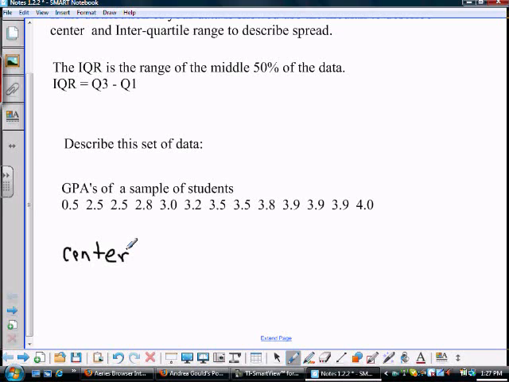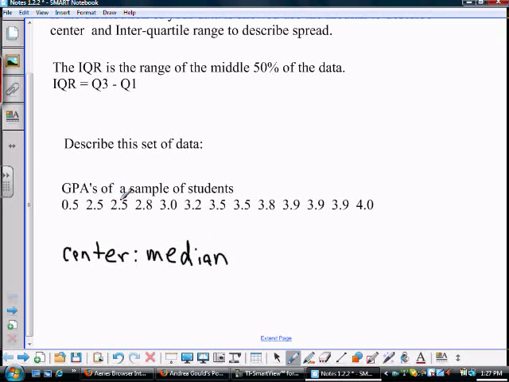And why do you think it's skewed? There's an outlier there. That 0.5, that person who's got an F average in this school, is certainly an outlier from the C's and B's and A's. So the center I'm going to describe with the median. Let me find the median.